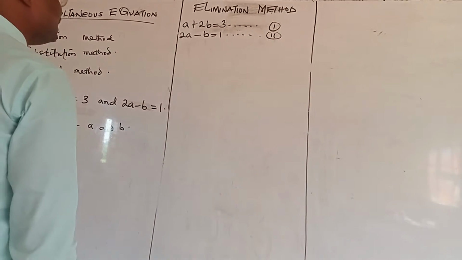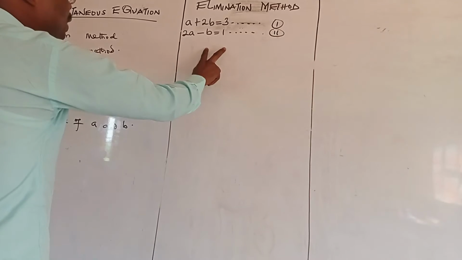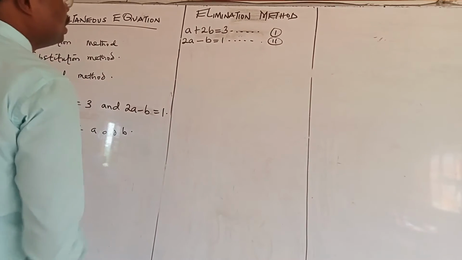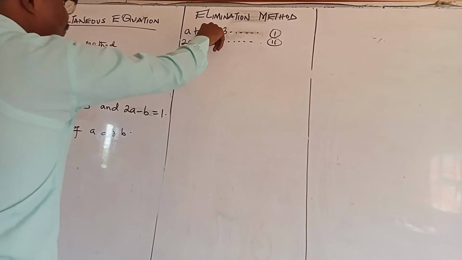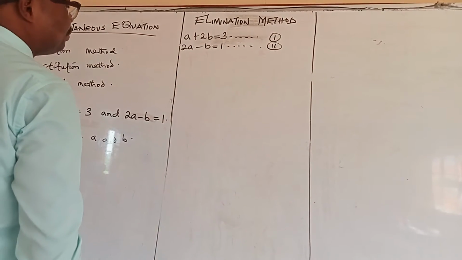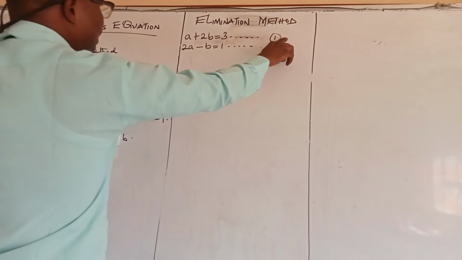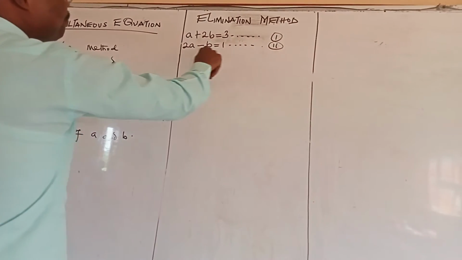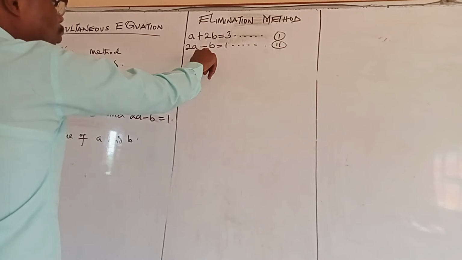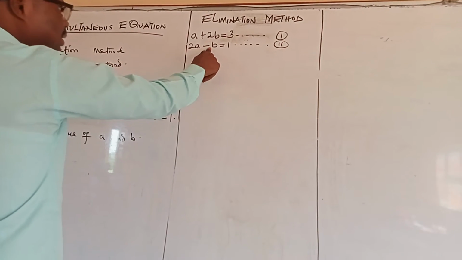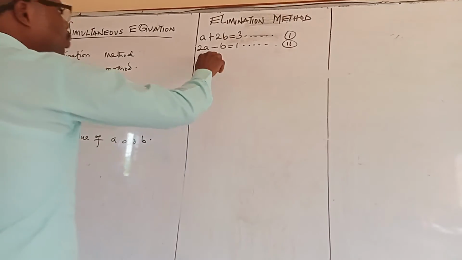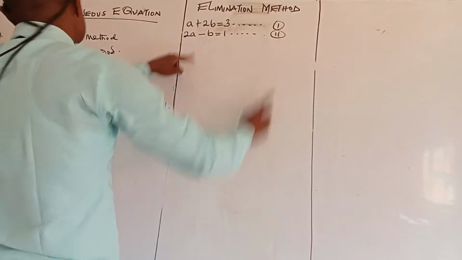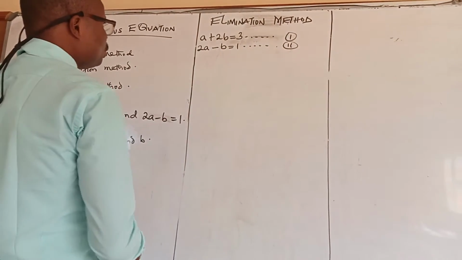So the first thing we look at is the coefficient of B. If you want to eliminate B, the coefficient of B, irrespective of the sign, must be the same. In equation 1, the coefficient of B is 2, and in equation 2, without minding the sign, it is 1. So we want both equations to have the same coefficient.